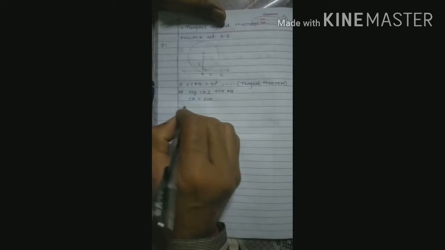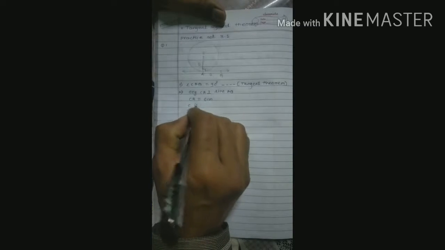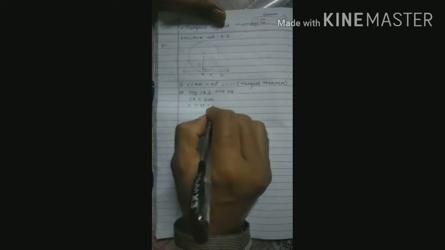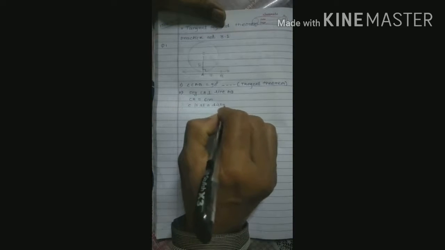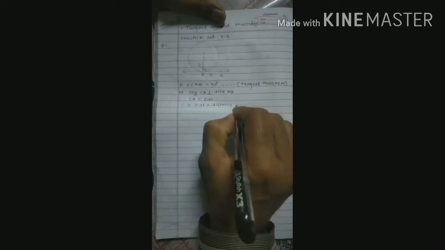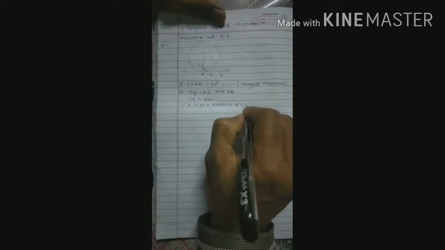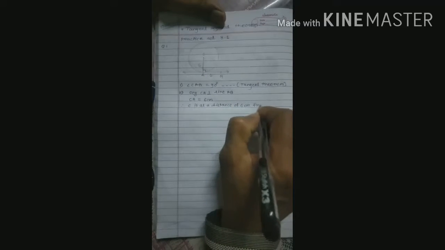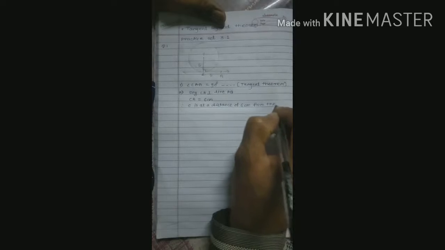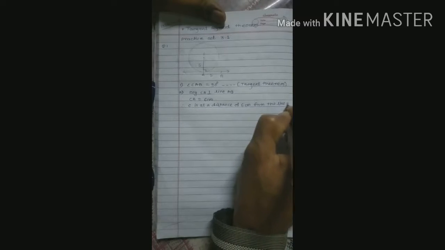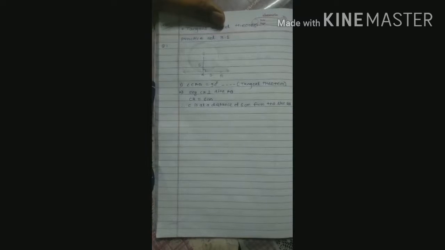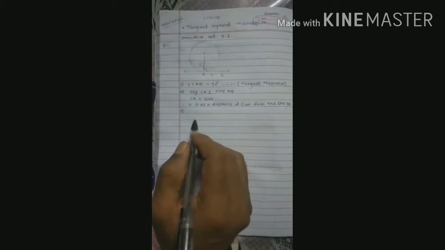So the point C is at a distance of 6 centimeter from the line AB. Then in the third question, find the distance of BC.